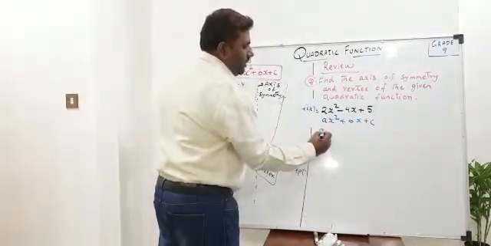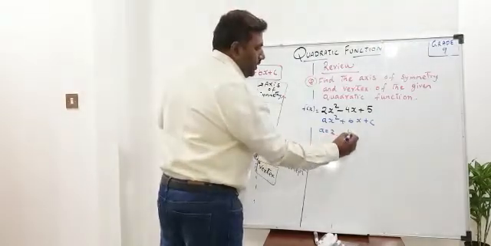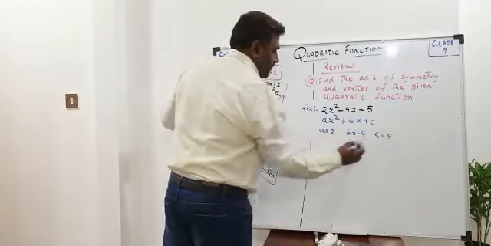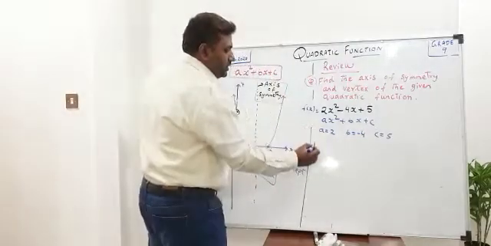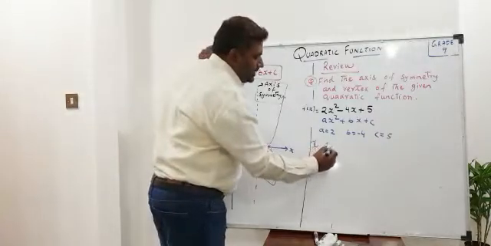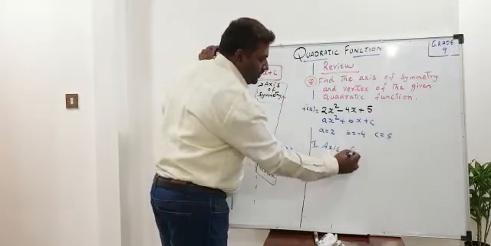That gives a is 2, b is minus 4, and c is 5. Using these three values, you can first find the axis of symmetry.